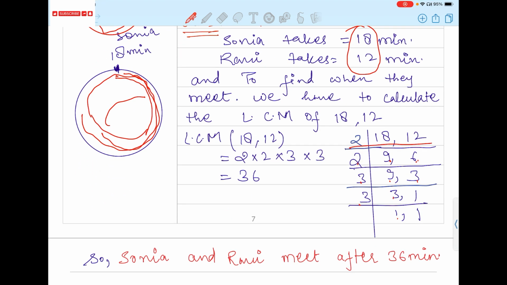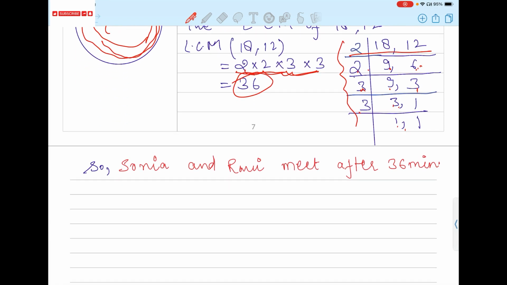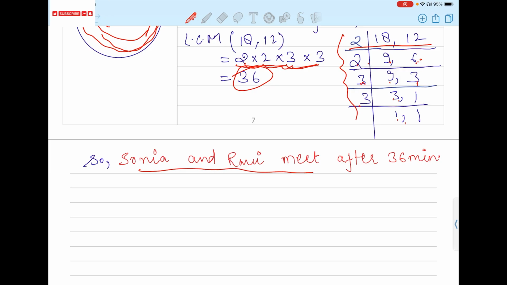Now let us find the LCM of this 18 and 12. 2 9s are 18, 2 6s are 12, 2 9, 2 3s are 6, 3 3s are 1. Here product will be 2 into 2 into 3 into 3. 2 2s are 4, 4 3s are 12, 12 3s are 36. So after 36 minutes, Sonia and Ravi meet. After 36 minutes, they will meet.